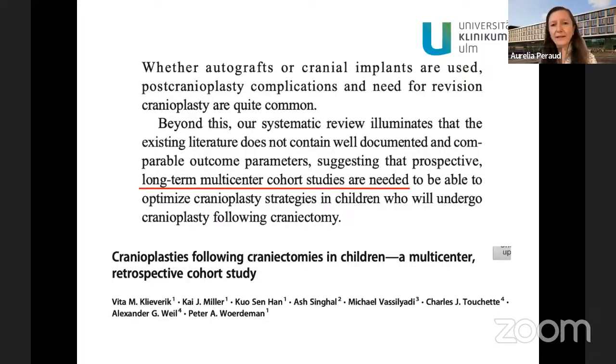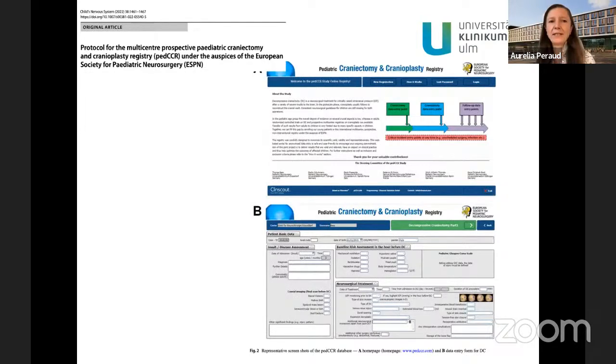Because we were not satisfied, we started a multi-center prospective registry in our country, which is an open registry for all European colleagues, to include patients not only for craniectomy, but also for cranioplasty. We hope with this prospective registry we will gain more insights into which foreign material will be best for which patient and which age group, because this is an important issue.